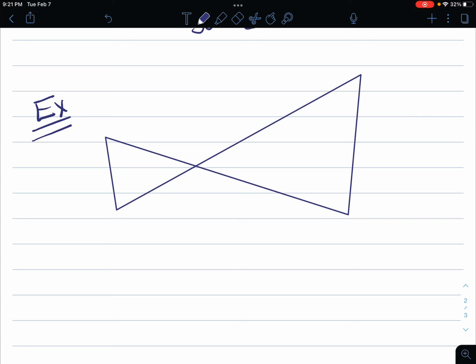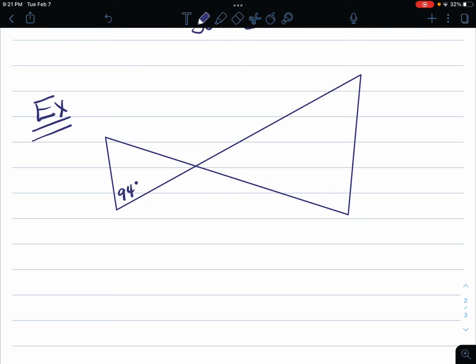I'm given that this angle is 94 degrees, and we're asked to find the measure of this angle. I need some letters here. I do not like when they do this to my problem. Okay, so I'm going to add some stuff that they don't have. It's all good.